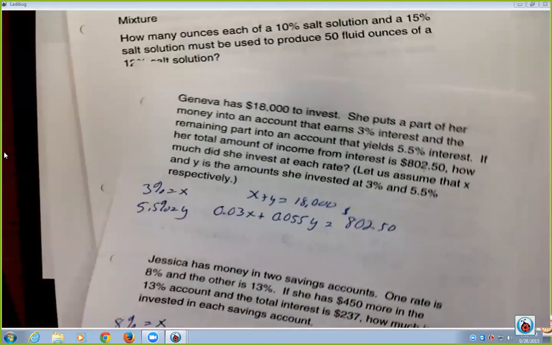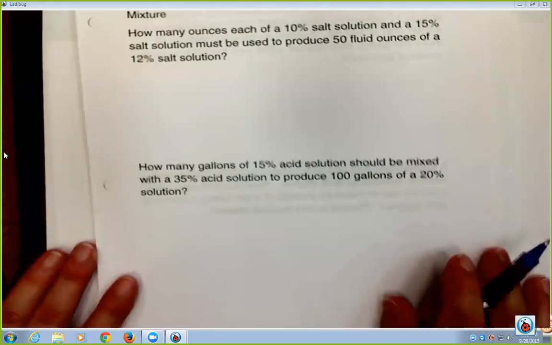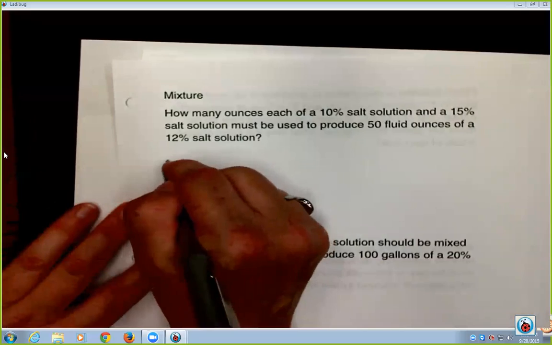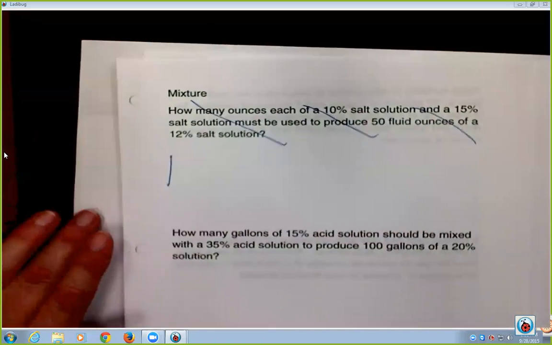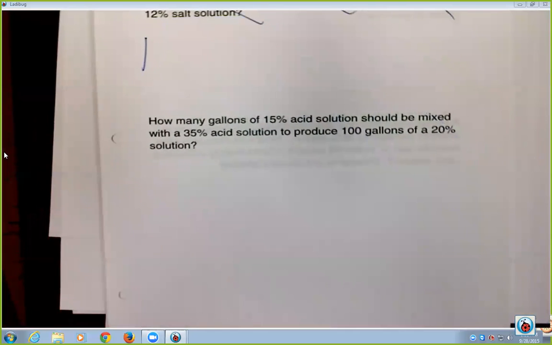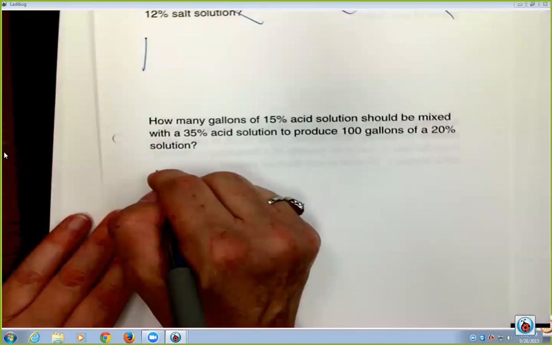So that's interest. Mixtures, again, chart your mixtures. Did we do that one? That was the one we had. Okay. So let's go down one. How many gallons of a 15% acid solution should be mixed with a 35% acid solution to produce 100 gallons of a 20% solution?